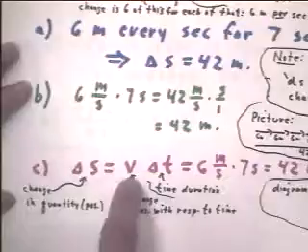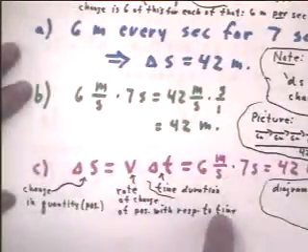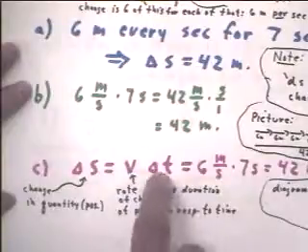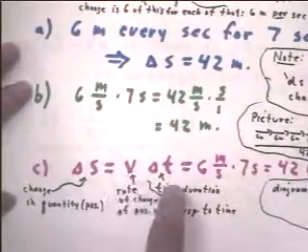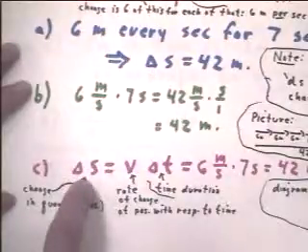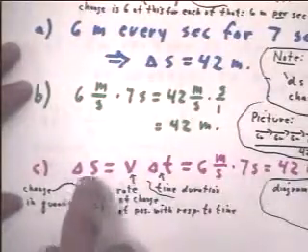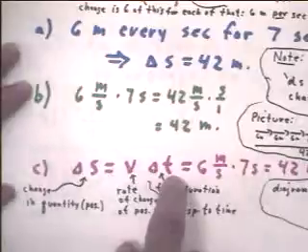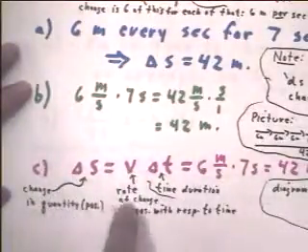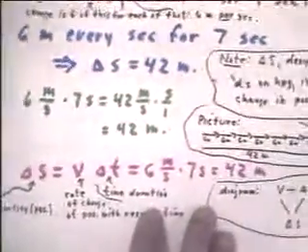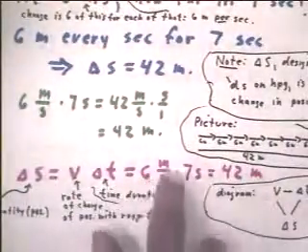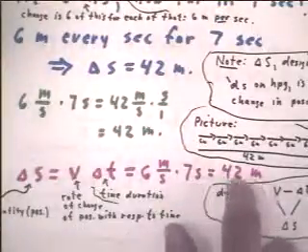It's the rate at which position changes over time, the number of meters per second. And delta T is the time duration over which this velocity is going to apply to give us this delta S. So we can write the formula, delta S equals V delta T. We shouldn't write this formula, though, without understanding all of this very well. And when we write out the result, we get 6 meters per second times 7 seconds equals 42 meters.